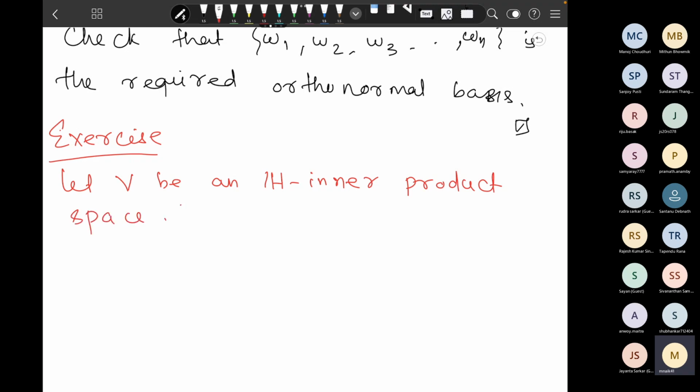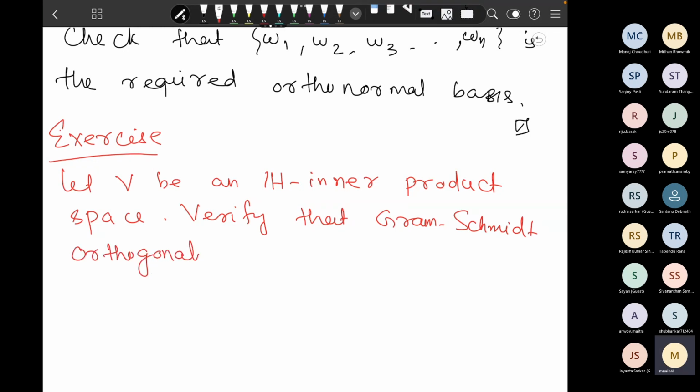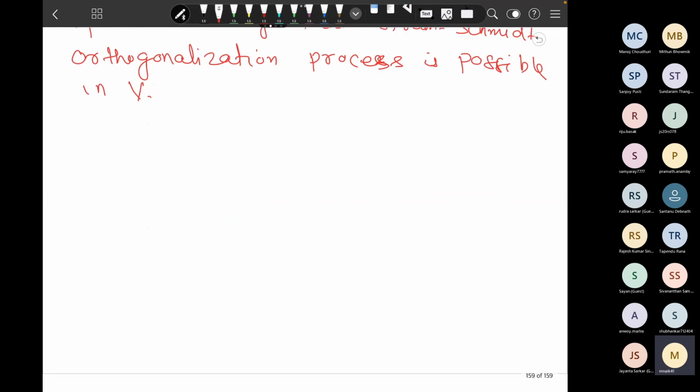Verify that the Gram-Schmidt orthogonalization process is possible in V.